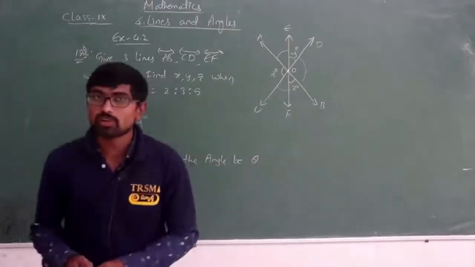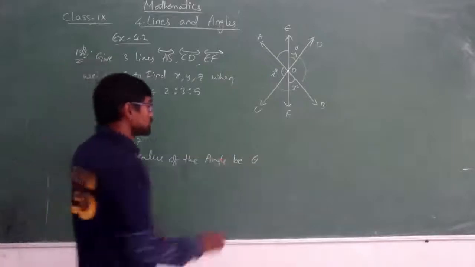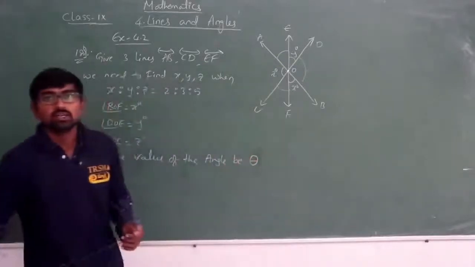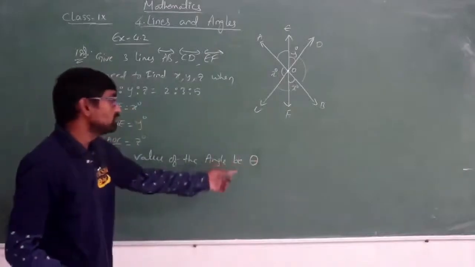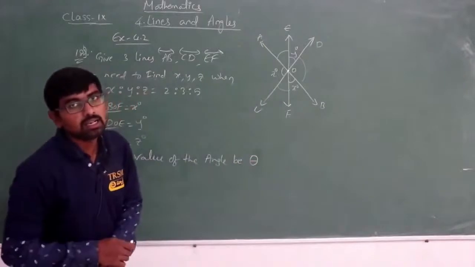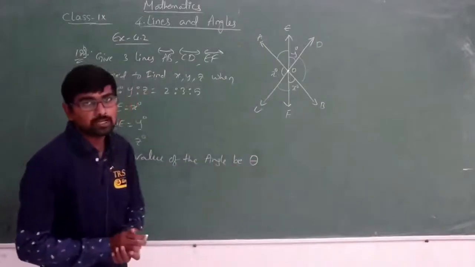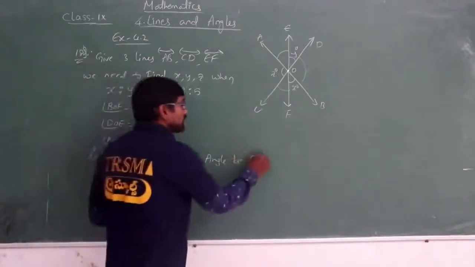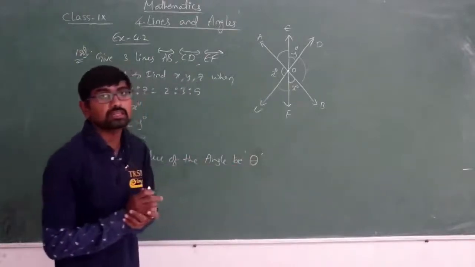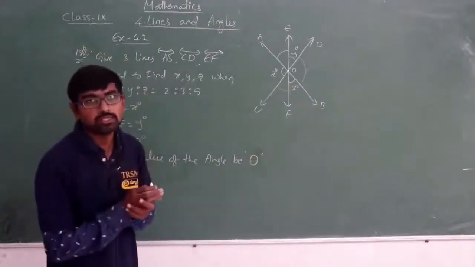I have told you the symbol of angle, that is theta. This is called theta. For drawing the angle, what are you doing? For representing the angle we are just making a circle and dividing that into 2 parts by a single line. So this represents the angle. The value of the angle we don't know, because of that reason I am taking directly the symbol theta.